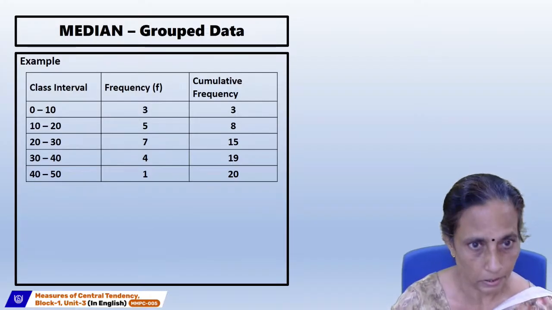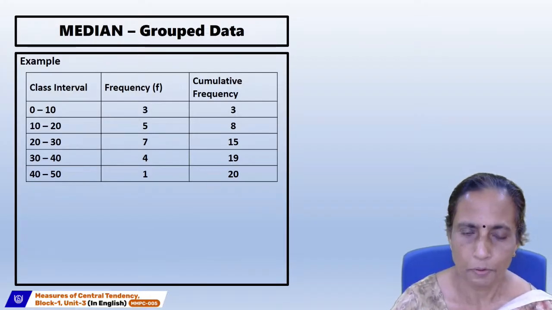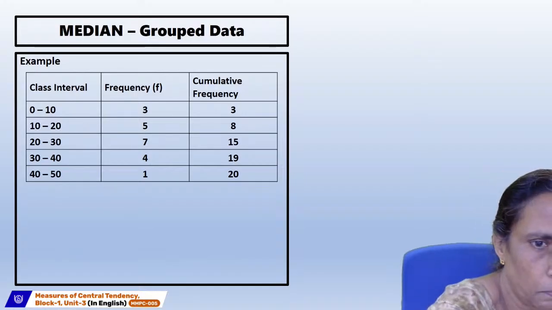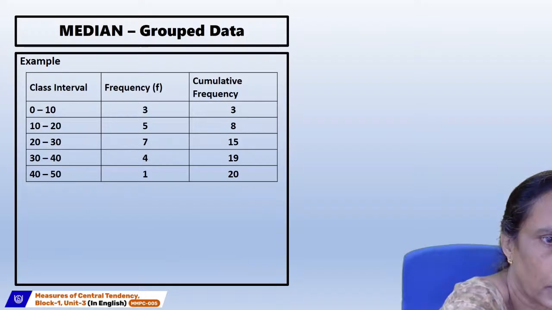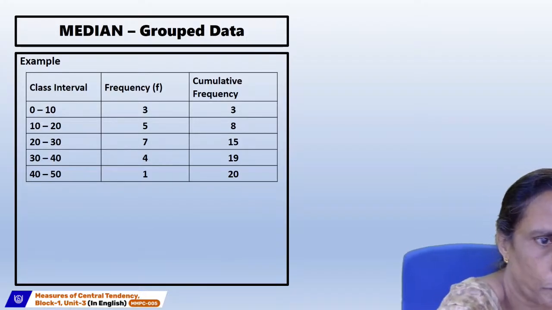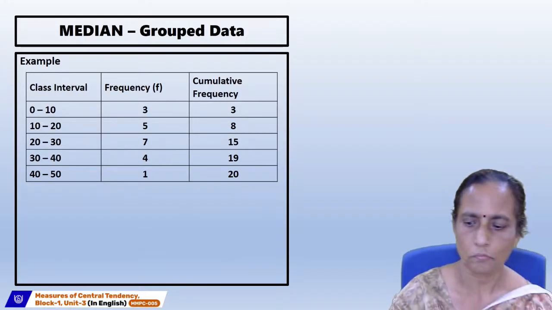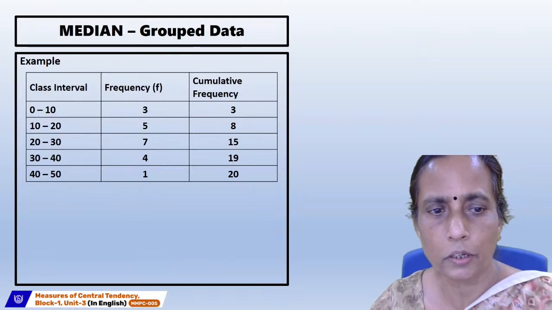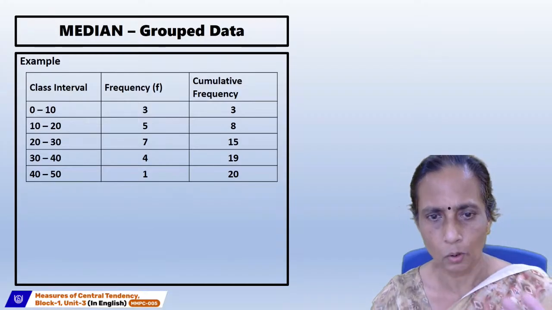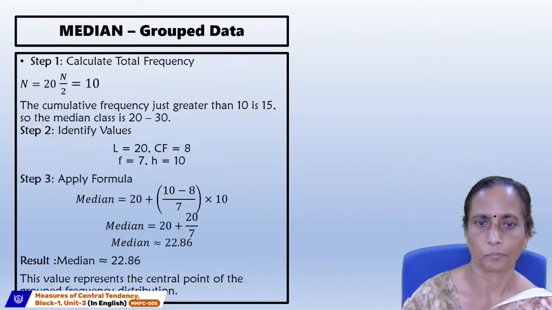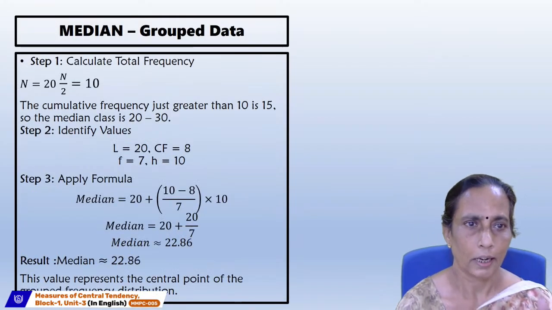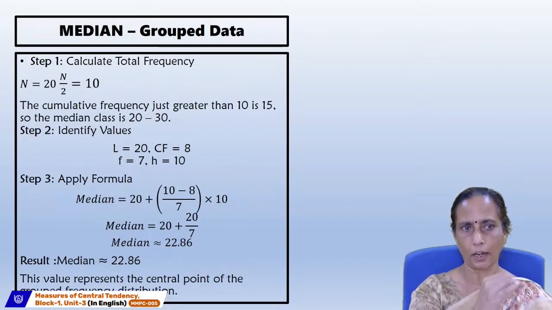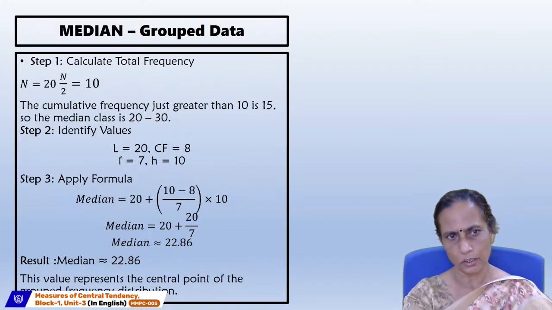So basing on that, the maximum number of observations, that means the maximum frequency, is of this class. That is, the number of observations above it and below it will be equal. So calculate the total frequency, n is equal to 20 and our n by 2 is 10.